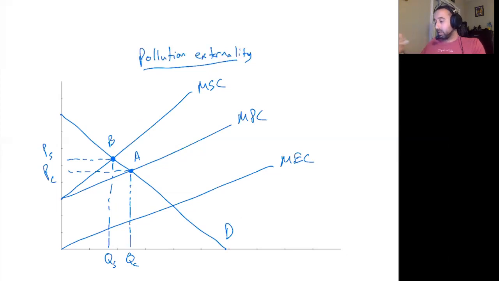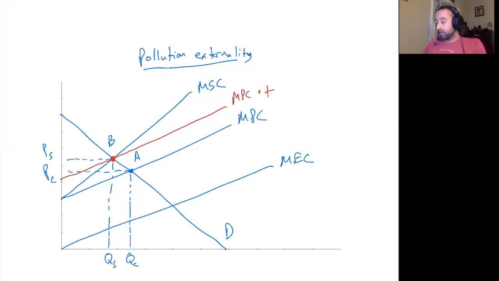Okay. And so what we want visually is a tax that's going to get us to basically this point where that new supply curve intersects our socially optimal equilibrium B, right?